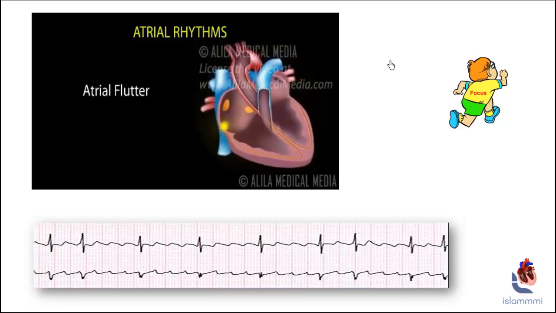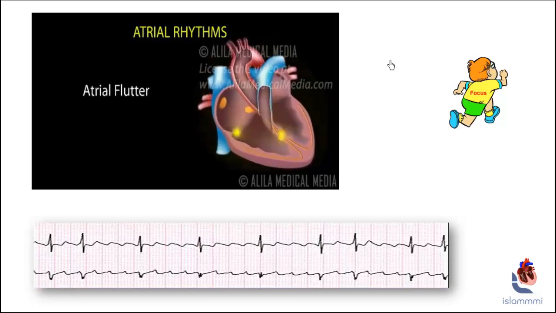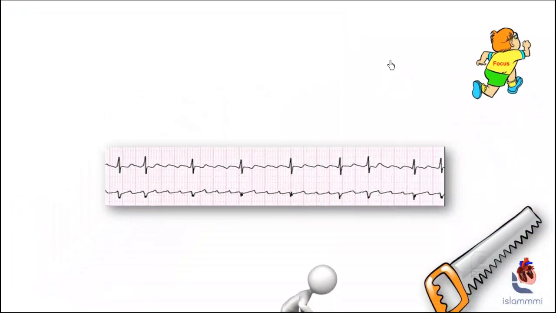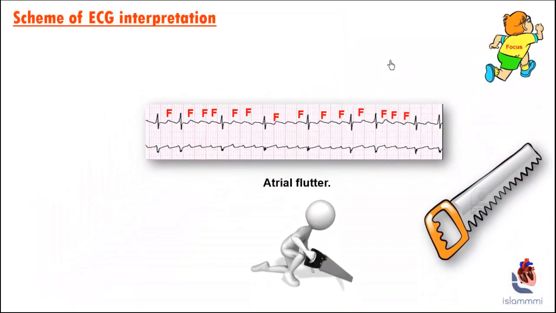As you can see here, up and down deflections. It's something like the sawtooth, okay? So exactly the same like sawtooth. So once you see something like that, we call atrial flutter. So this is very pathognomonic or very characteristic finding for atrial flutter, it's like a saw here.